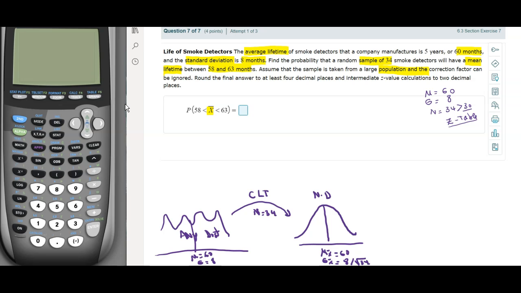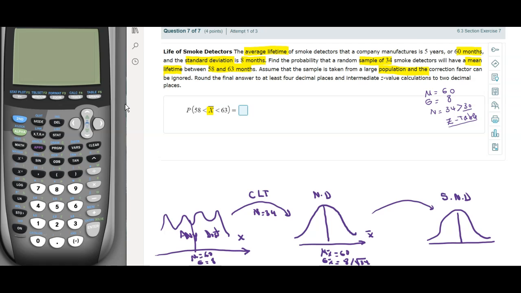Let me put the axis as well. This is the x-axis, and the axis here is going to be x bar. Then we standardize, and we jump into another normal distribution, a standard normal distribution.